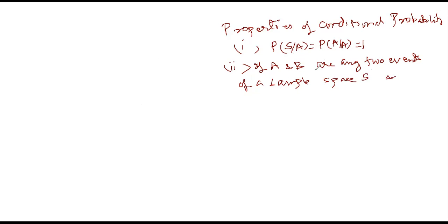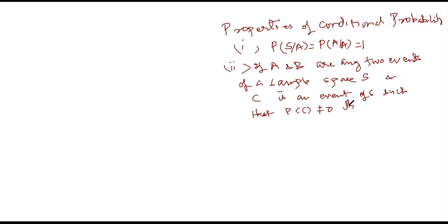So A and B are two events of a sample space S, and there is a third event C of S such that C should not be equal to 0.